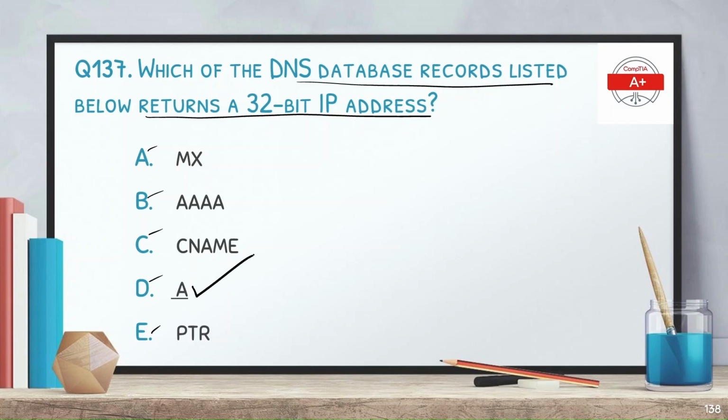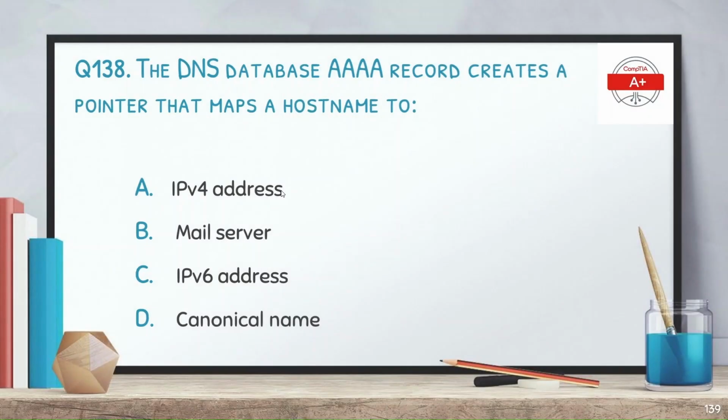So the A record basically returns the 32-bit IP address. Question number 138 is that the DNS database AAAA record creates a pointer that maps a host name to, and the options are A, IP version 4 address, B, mail server, C, IP version 6 address, and D, canonical name.